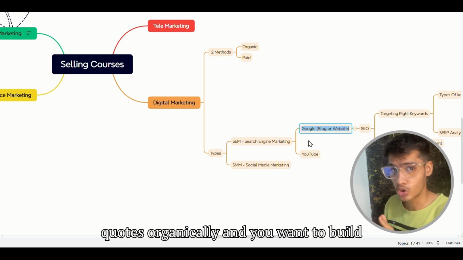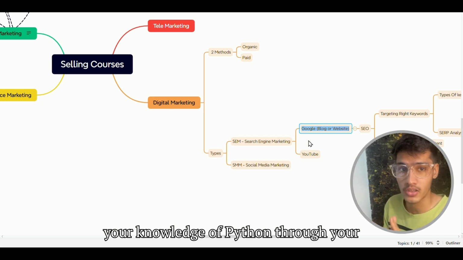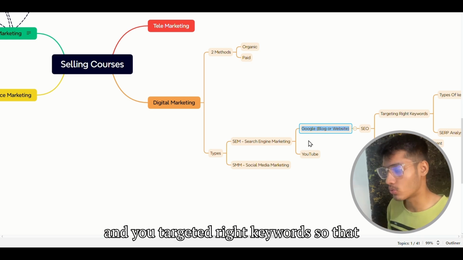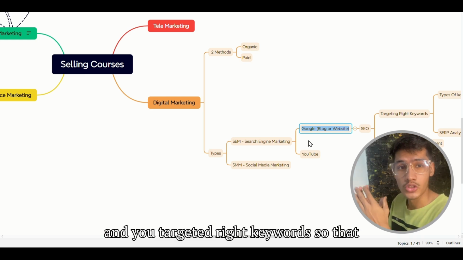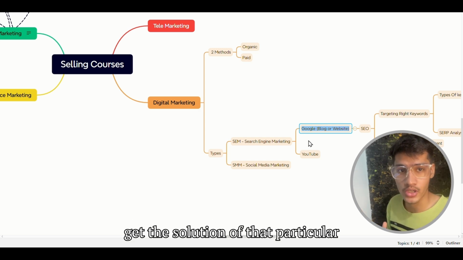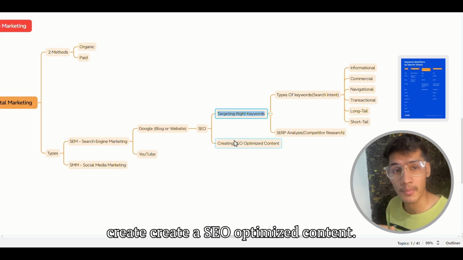Let's say you're selling a course organically, and you want to build trust through your website by sharing your knowledge of Python through your blogs. You did SEO around it and targeted the right keywords so that someone who is searching for Python gets the solution to that particular problem. So target the right keywords and create SEO optimized content.